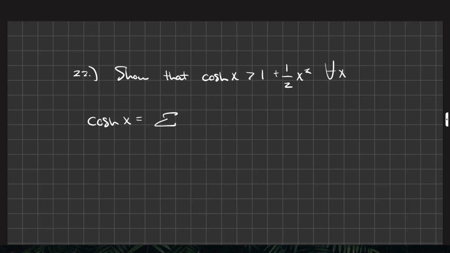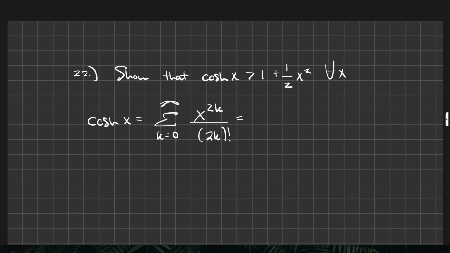the sum from k equals 0, I'm going to write in terms of k instead of n, to infinity of x to the 2k over 2k factorial. Okay.